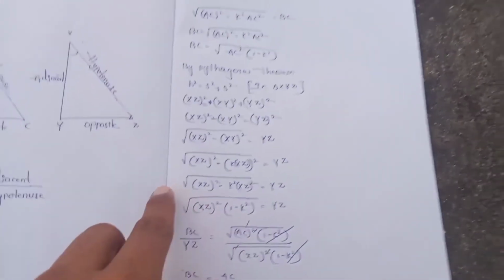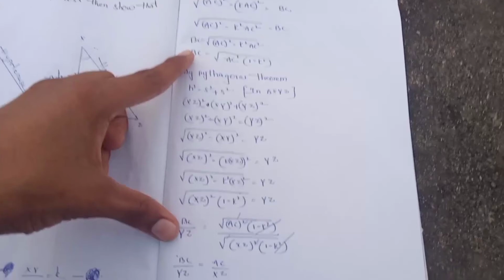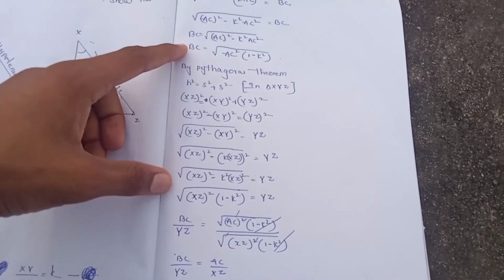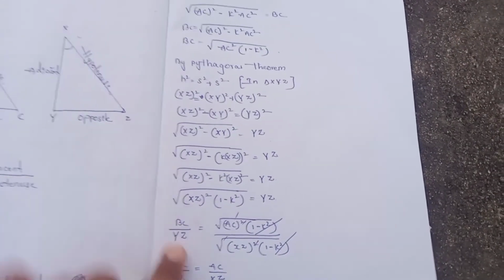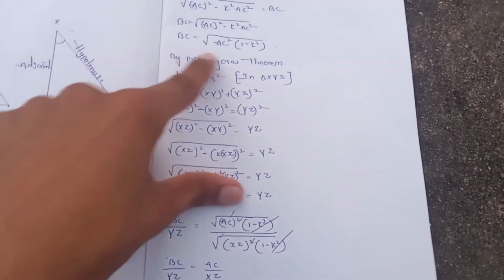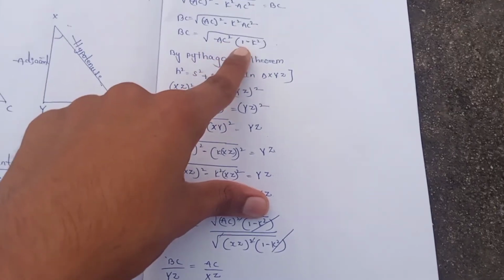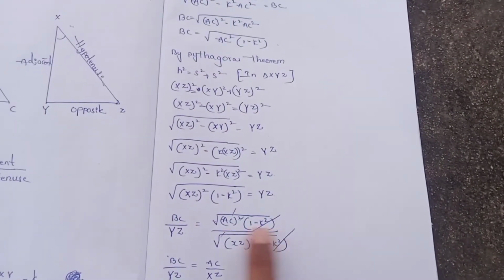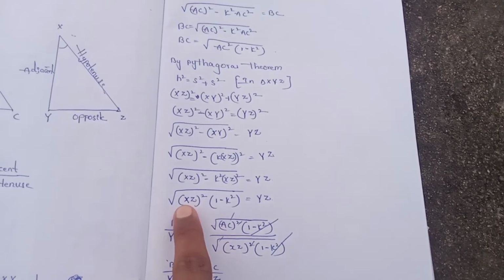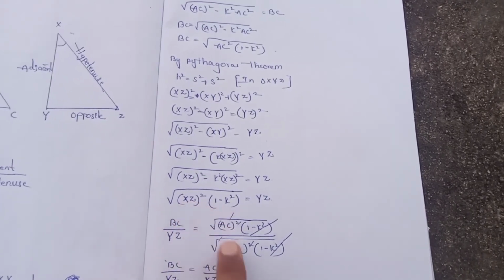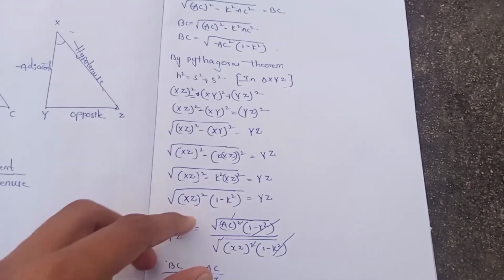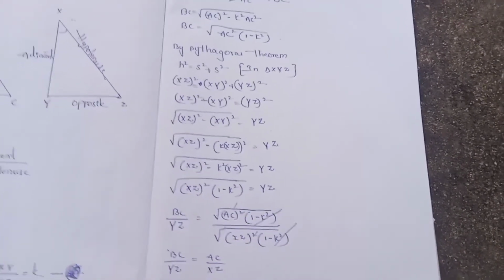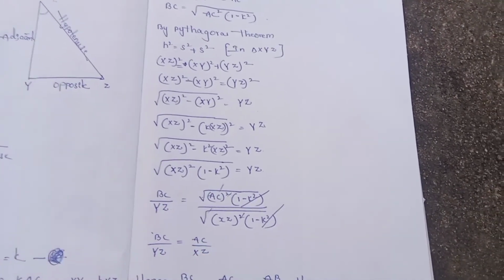Now we divide BC and YZ. BC is root AC square into 1 minus K square, divided by root XZ whole square into 1 minus K square. The 1 minus K square terms cancel, and the square root cancels. What remains is BC by YZ is equal to AC by XZ.